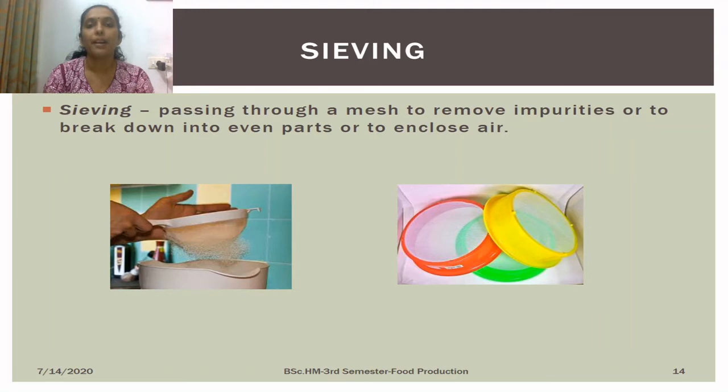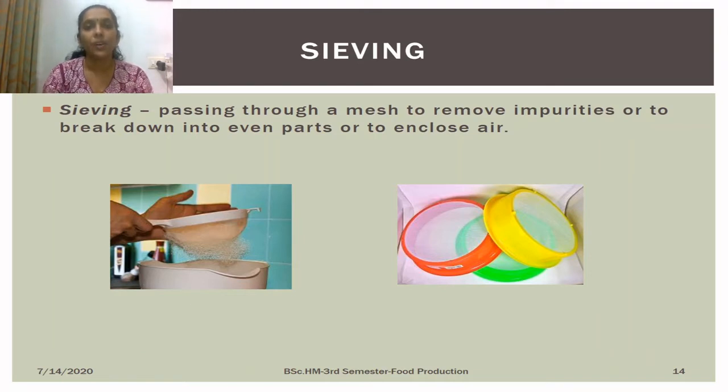Sieving. Passing the flour through a mesh to remove impurities or to break down into even parts or to enclose air. There are mainly three advantages. The foreign materials or the impurities are removed.